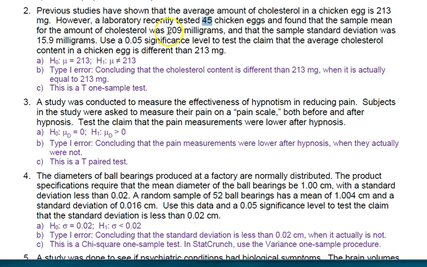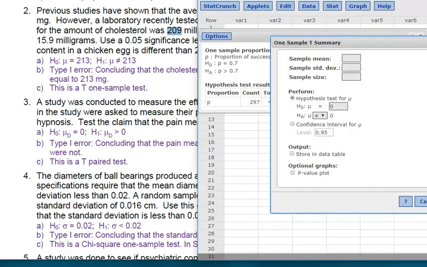It gave us the sample mean was 209 and the sample standard deviation. And those are exactly the three things that StatCrunch is asking for. So we have 209 for our sample mean, 15.9 for our sample standard deviation, and the sample size was 45.